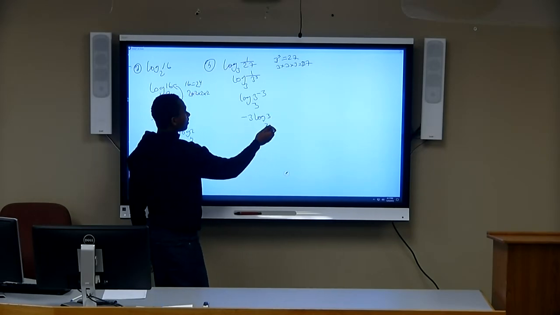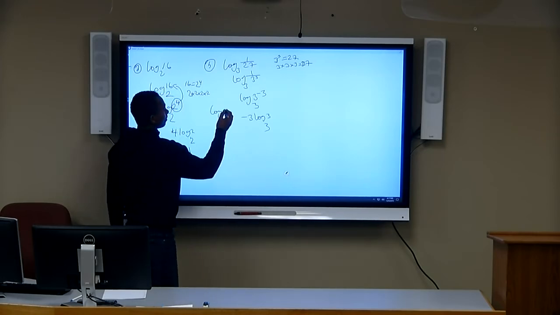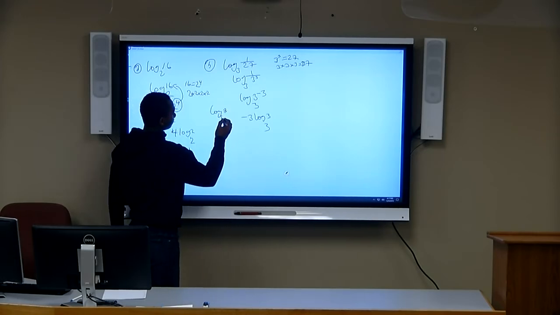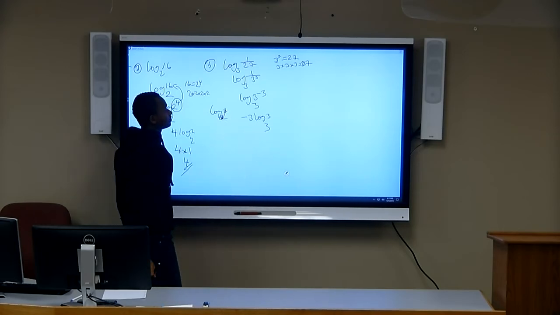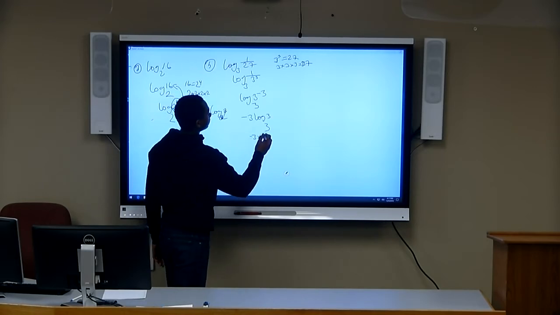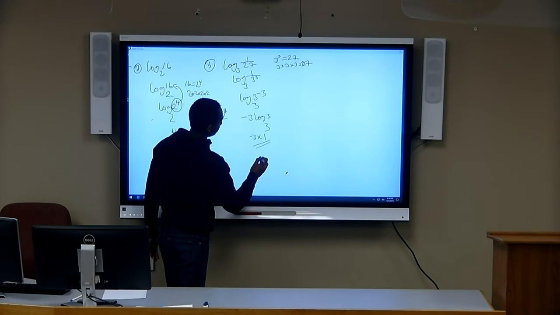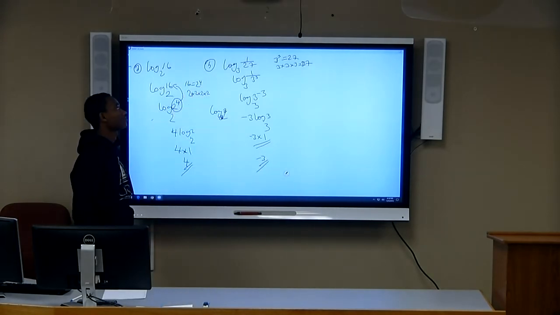If this number and this number are the same, it's 1. It's like you say log a base a is equal to 1. If these two numbers are the same, the answer here is 1. So it's going to be negative 3 times 1, which is negative 3. This is the answer to this logarithm expression.